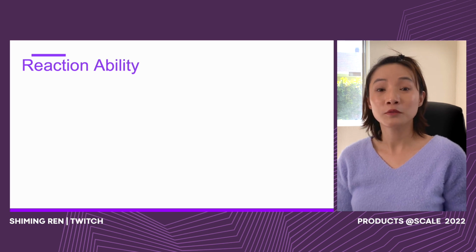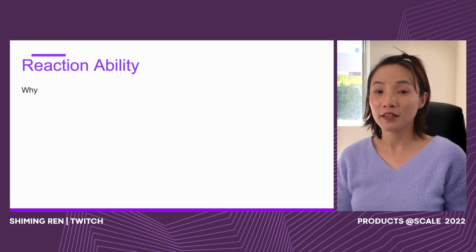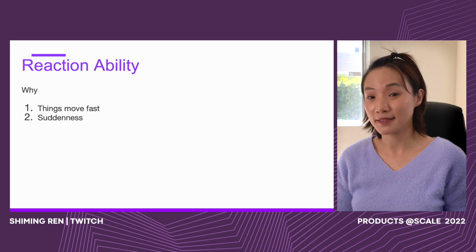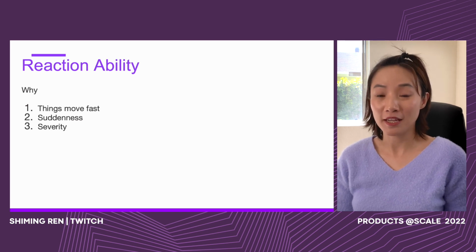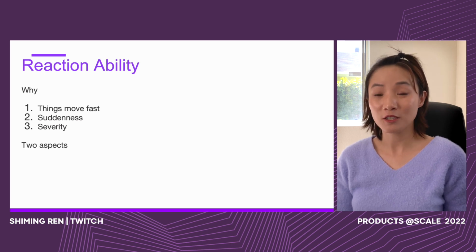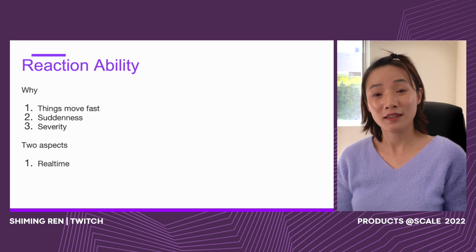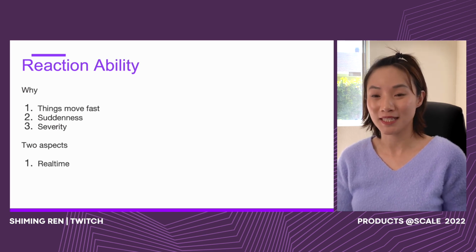It is crucial to the safety world because things are moving really fast, and there are always sudden incidents with high severity that we have to take action on very fast. It comes in 2 aspects: can we actually react in real time? And can we bring up a new solution in short time?